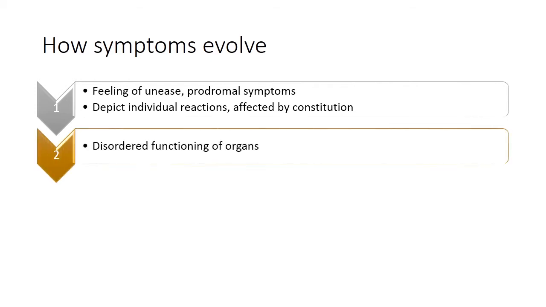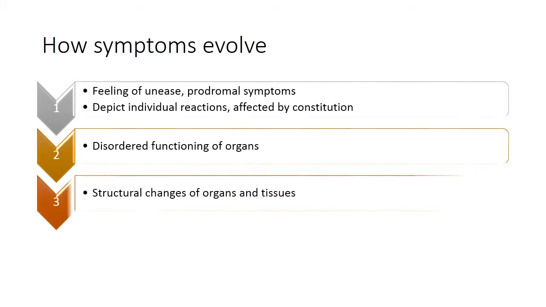Next, the symptoms are created by disordered functioning of organs. So if somebody is having a badly functioning kidney, he will now start exhibiting symptoms of the urinary tract in a particular way.